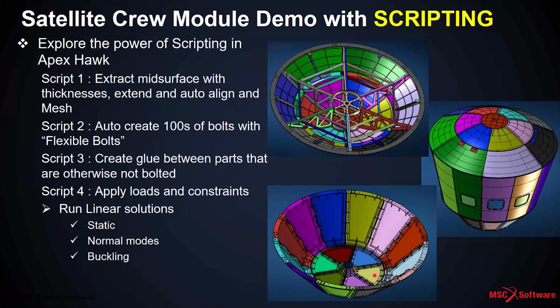In a typical model like this one, some parts are welded and many parts are bolted, and we would like to see how the script helps you create those things. And finally, to create the loads and boundary conditions through macro record and run the simulation. Let's take a look at the example of this one.